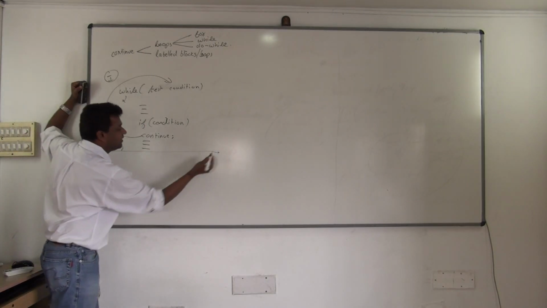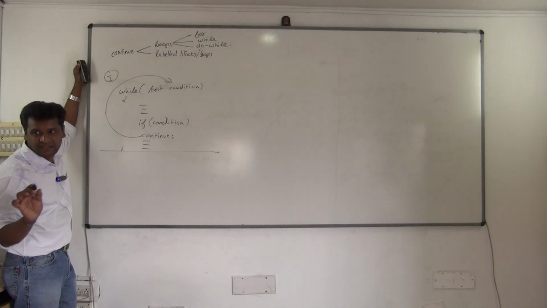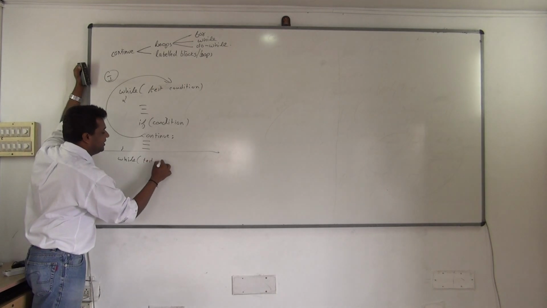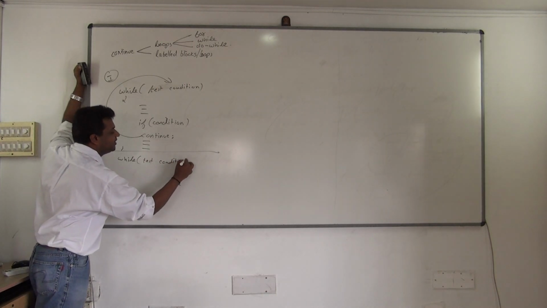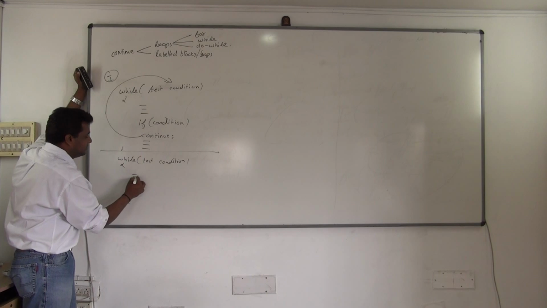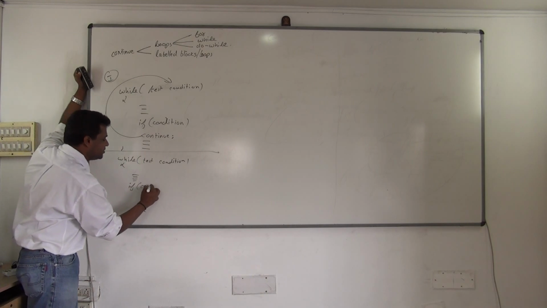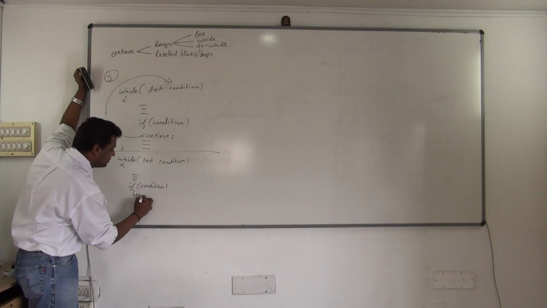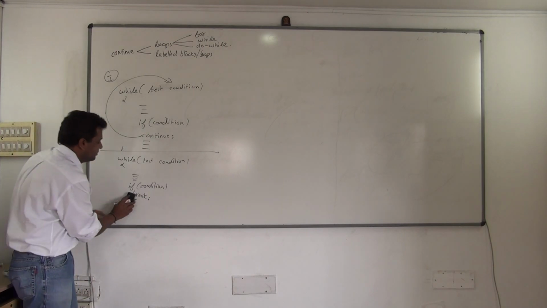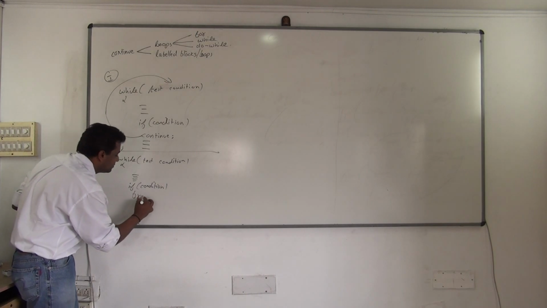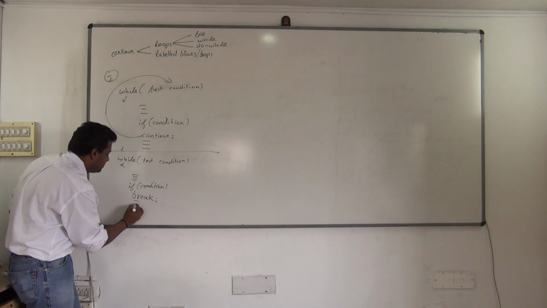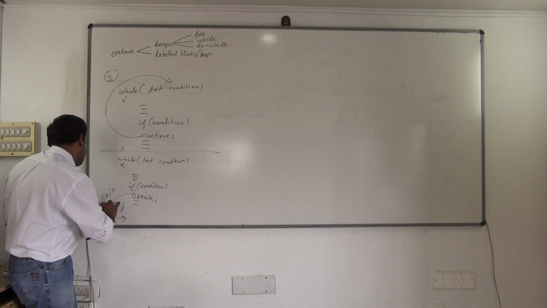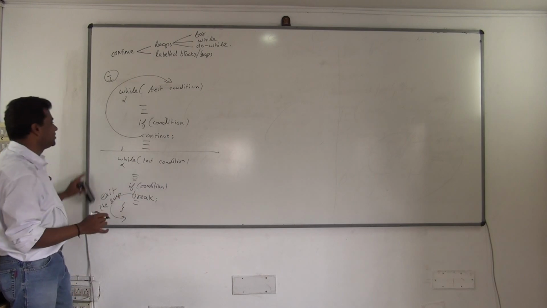Just below this, to compare, I'll write break. Just see, same code. While test condition, you have already written it, but just compare it. If some condition, you'll say break. If you say break, what will happen? It will exit the loop. Are you understanding the difference?